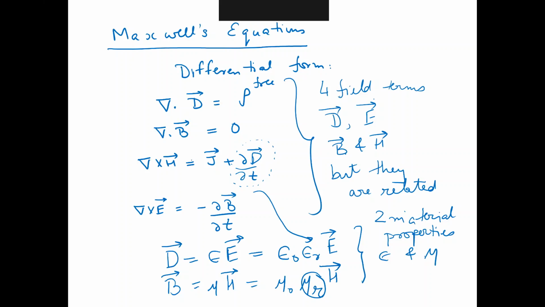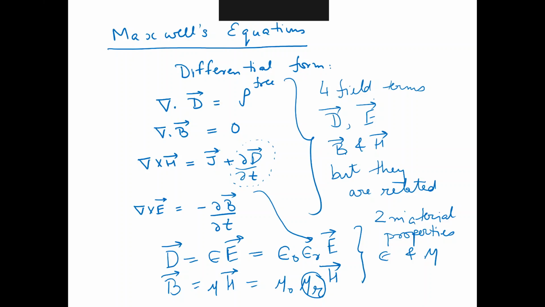So now, if you look at this equation, we have 4 field terms, D, E, B, H, but 2 of those terms, D and E, are related to each other, B and H are related to each other. D is only a mathematical term we have, so that our Gauss law becomes material independent. H was purely a magnetic field term, a mathematical term we had developed, so that del cross H is equal to J, the Ampere's law part, becomes material independent.